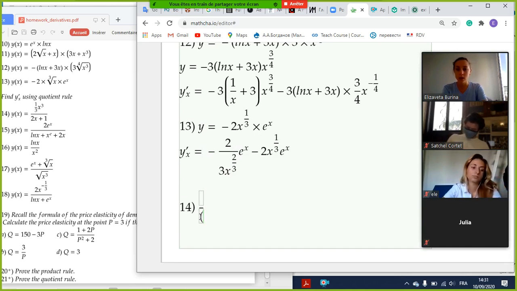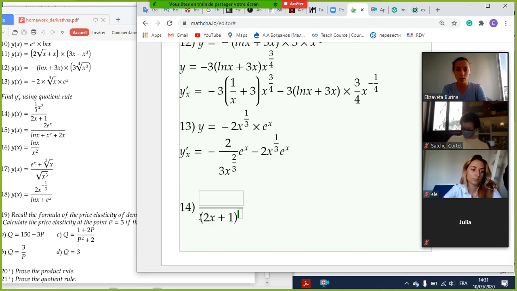So just pay attention and make sure I'm making no stupid mistakes. Okay, so now I'm working with the first one. So here you see the beautiful 1 over 3 and the power of 3. So we end up with just x to the power of 2.